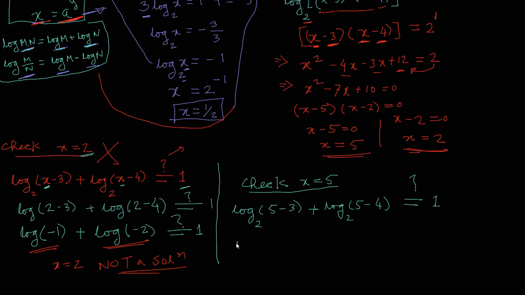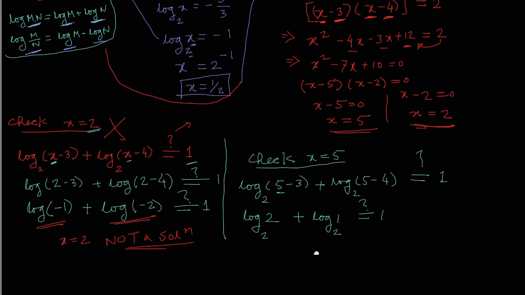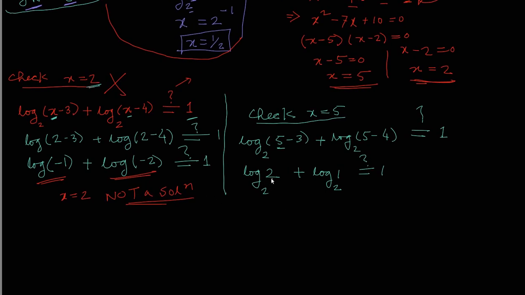So let's see what I get. I get logarithm of 5 minus 3, which is 2, and base is 2 of course, plus logarithm of 1 base 2, and I want to see if it yields 1 or not. So logarithm of 2 base 2 is 1, that's from the logarithmic theory, and logarithm of 1 is 0.